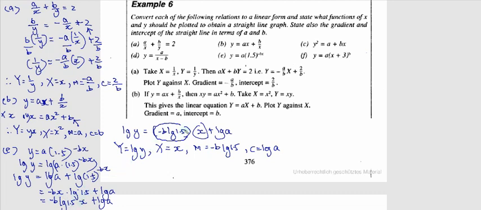So you can see clearly this is the m, this is the constant, and therefore the big Y is log y, big X is actually x, m is whatever coefficient in front of the x, so it's minus b log 1.5, and then the constant equal to your y-intercept, which is log a.